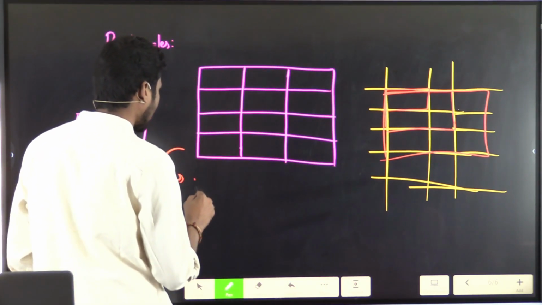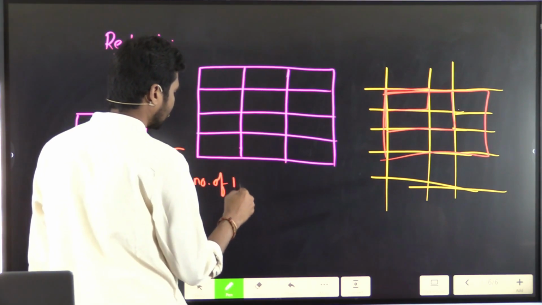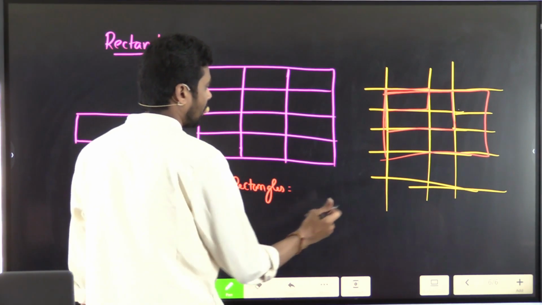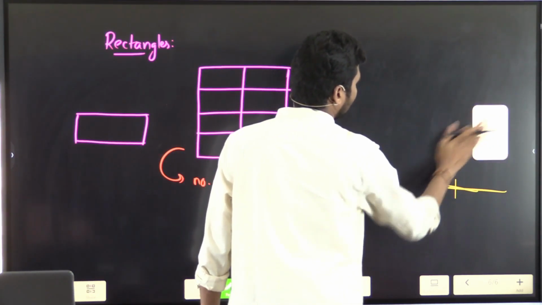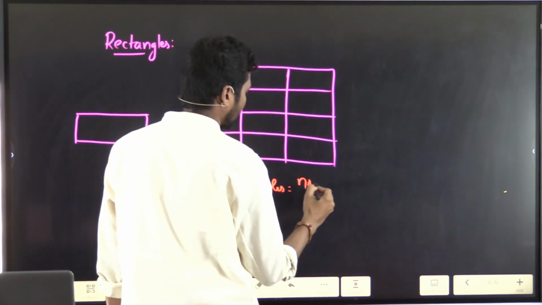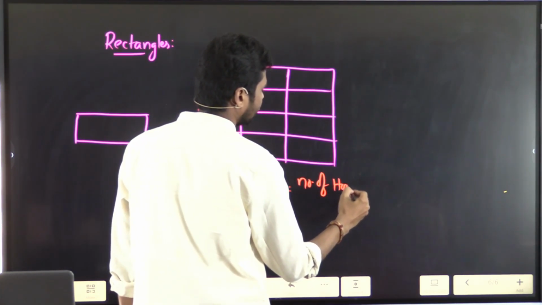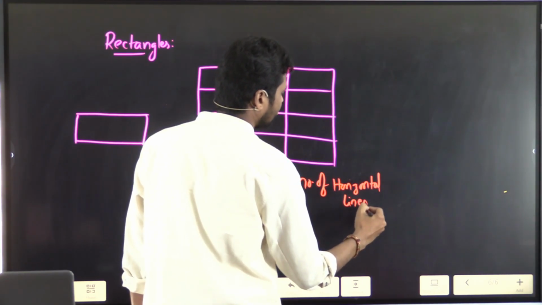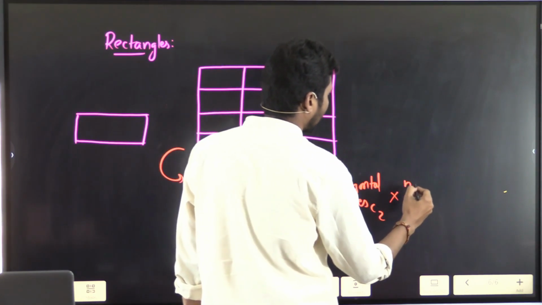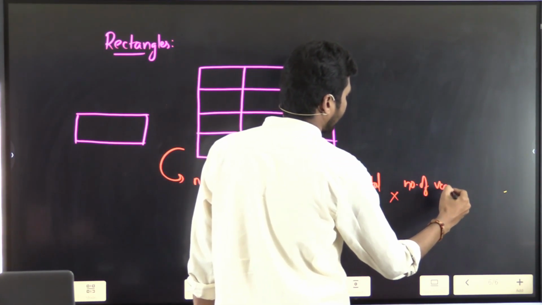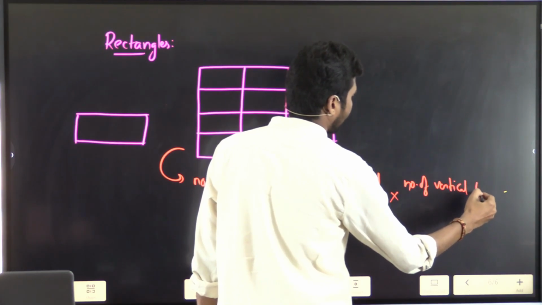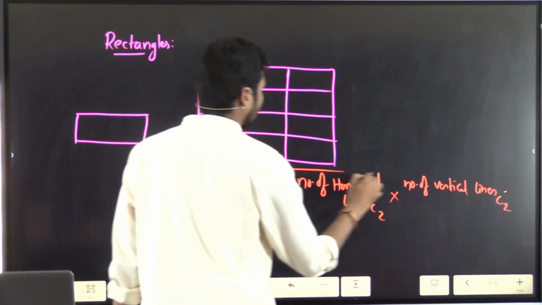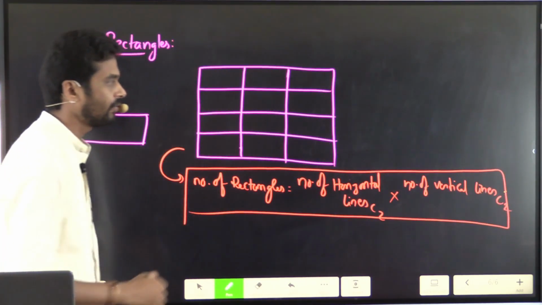So the formula for the number of rectangles is: number of horizontal lines C2 into number of vertical lines C2. Number of rectangles is equal to number of horizontal lines C2 into number of vertical lines C2.